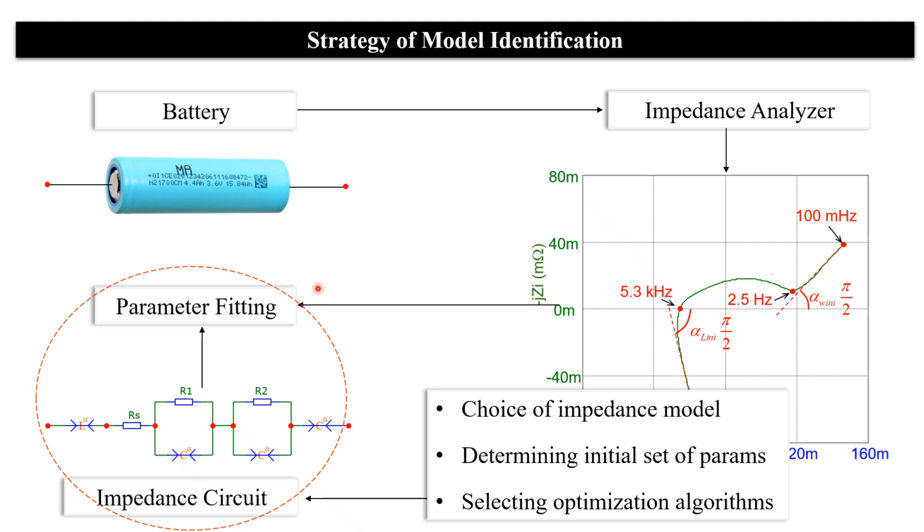The model is represented by an impedance circuit, its equivalent impedance circuit that models high frequency, low frequency, and intermediate frequency behavior of the battery. So we need to first choose the model, then determine an initial set of parameters for the model, and then select a proper optimization algorithm that fine-tunes the initial estimation and finds the optimal set of parameters.